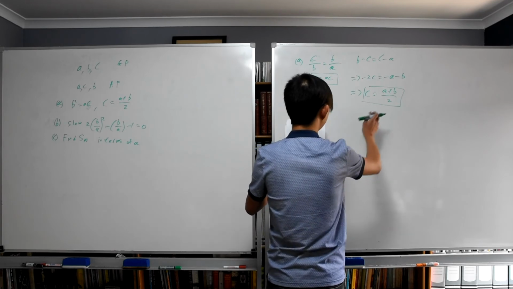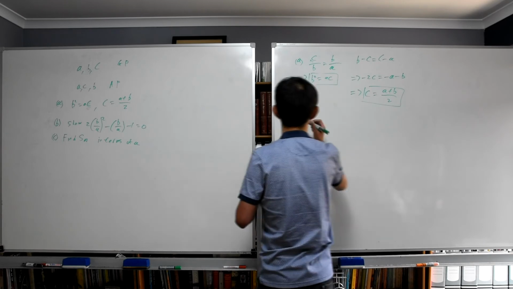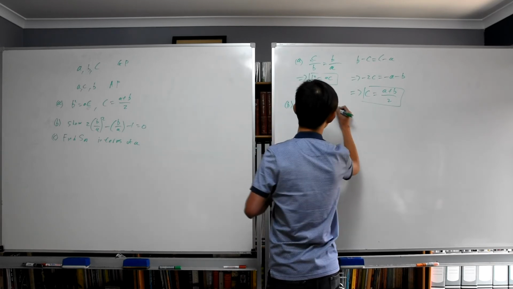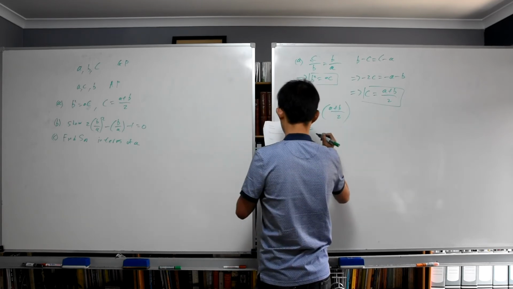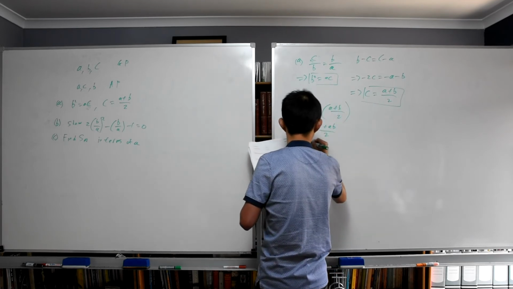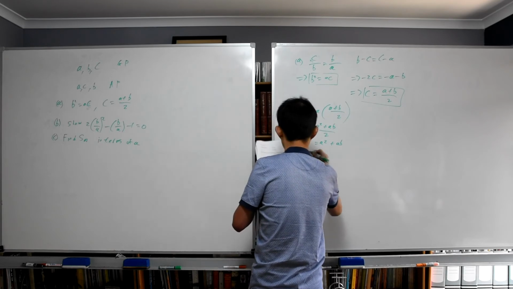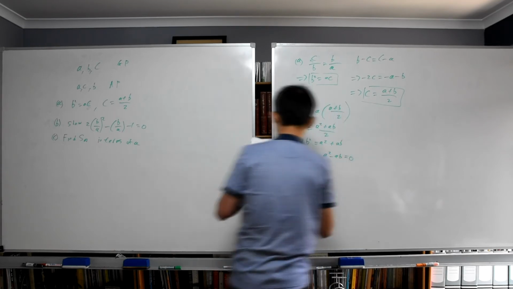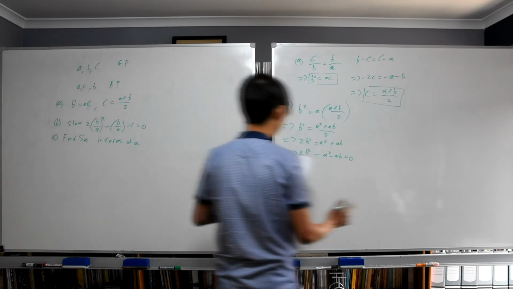Putting the expression of the common difference into the expression of the common ratio. Let's divide everything by a squared.